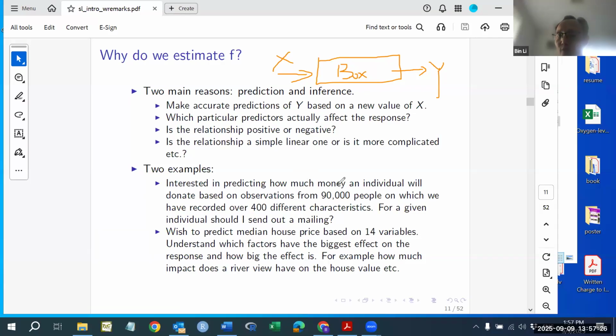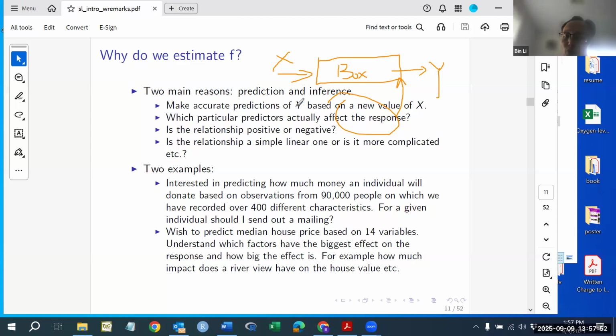So what we do is we use a statistical model or machine learning algorithm to fit the relationship between X and Y, and use that as an approximator, a proxy for the box, which approximates the relationship between X and Y in the best way.